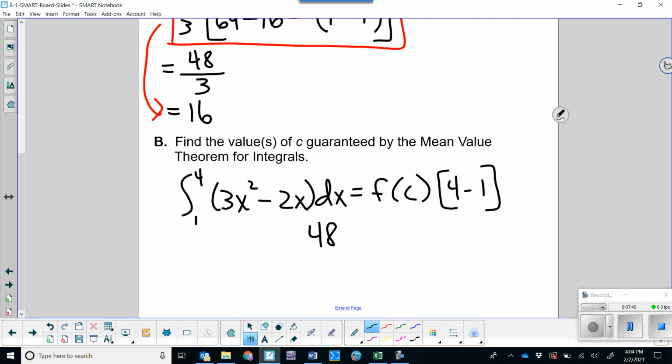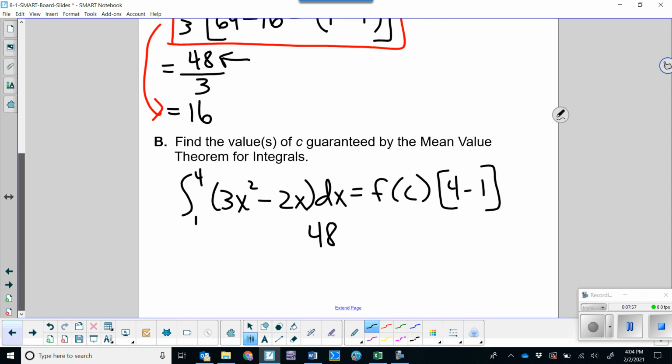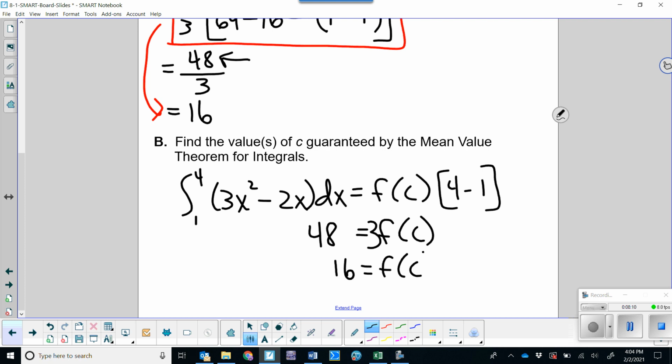That was 48. Because I did 48 and then divided by 3, right? If you go back and look, this 1/3 part came from this dividing. So the 48 was the value of the integral. And that's going to equal f of c times 3. I'm going to just move that 3 in front. So you're going to get 16 equals f of c.